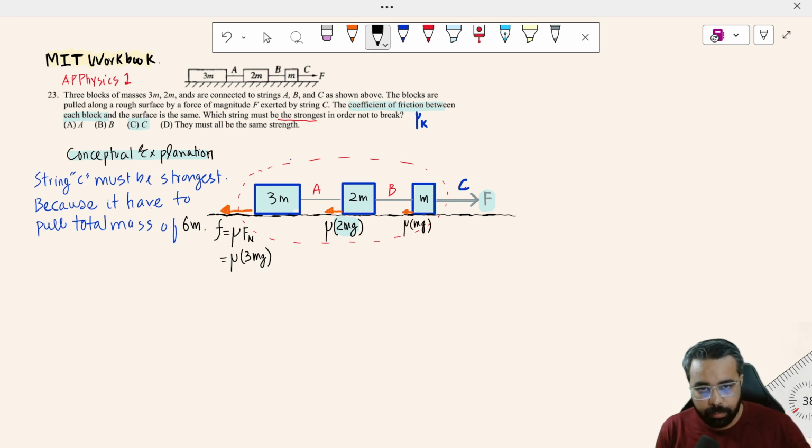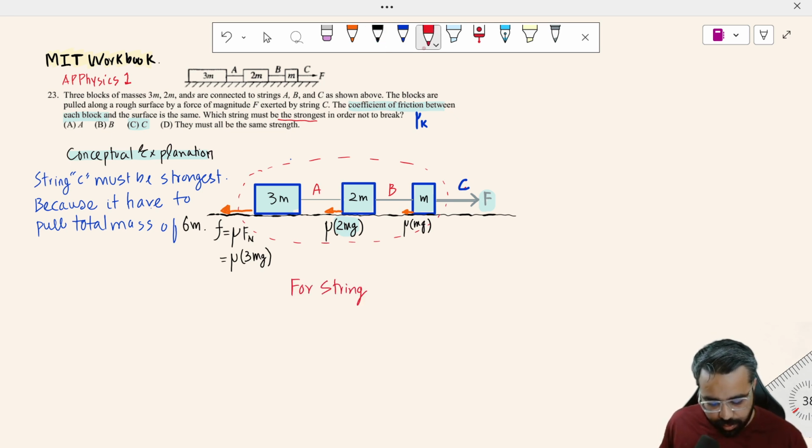Now I want to make equations. With the help of the equations, you can compare in which string the force will be maximum. So let's start from string A. On this block, look at the forces, especially horizontal ones, because it's accelerating horizontally.